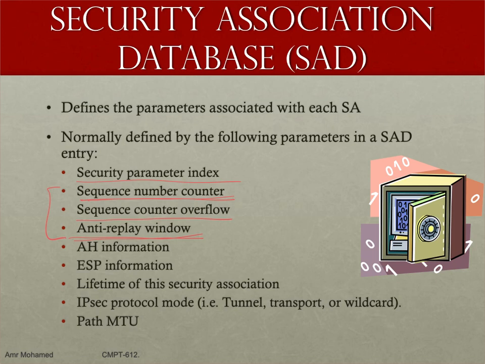Because of the inherent features of IP being unreliable, it does not guarantee the delivery at all, and even if the delivery is achieved, it cannot guarantee the order of that delivery. Okay? So we'll see how this window technique is used to mitigate replay attacks. Not used for flow control here at all. Because IP does not need flow control, it doesn't provide flow control, it's unreliable. Okay, and it's connectionless, so it doesn't have any flow control.